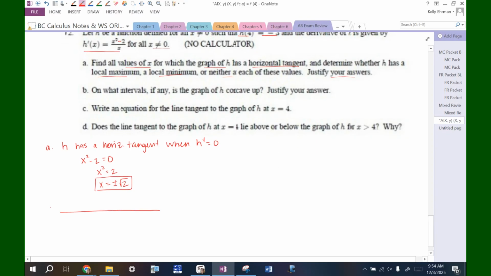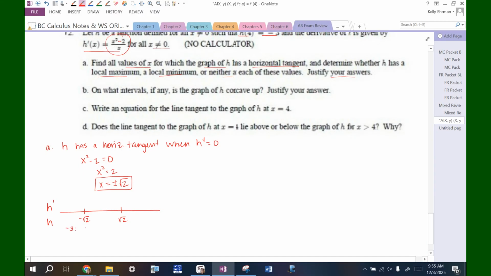So we're going to look at what's happening with h prime. Negative radical 2 would be here, radical 2 would be here. We're plugging into the h prime equation, which is (x squared minus 2) over x. So say I plug in something like -3.